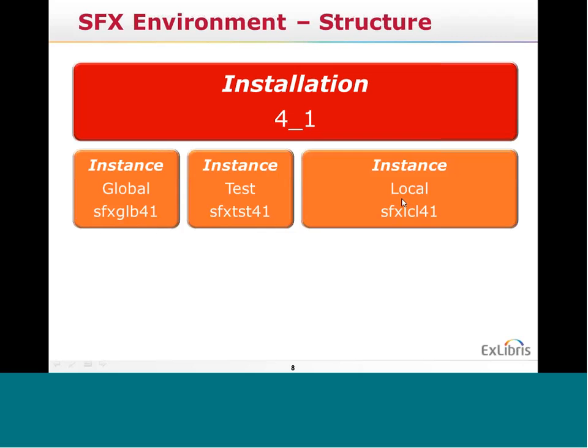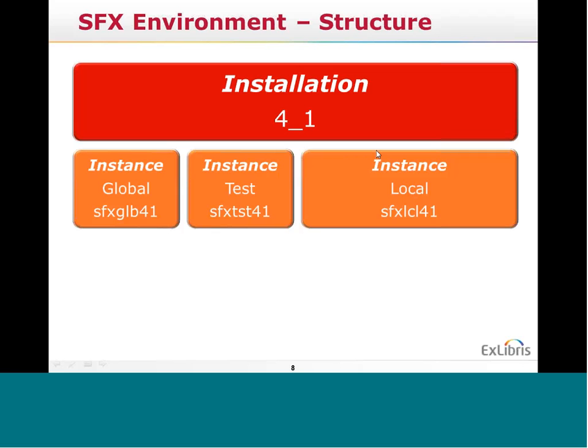Local information also includes overrides of global data. So for example, if you've decided to override the default, or in other words, the global title for a target with a title of your choice, that would actually be contained in the local instance as well. In a default installation, you actually have 2 local instances.